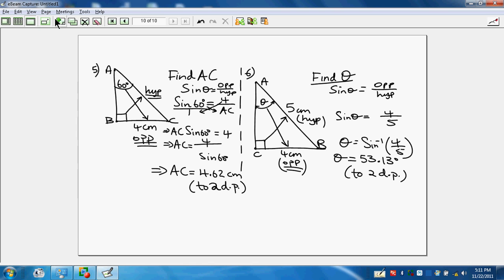And it goes, cosine theta and tan theta follow the same principles.